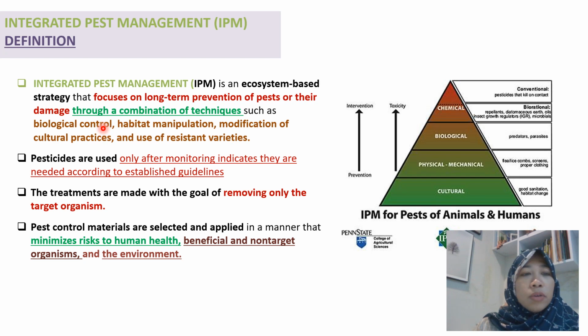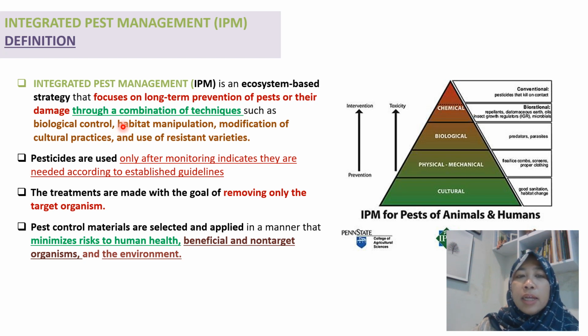For example, we can use biological control, using the owl Tyto alba to control rats. And for the conservation of biological agents such as predators and parasitoids, we can plant flowering plants such as sunflower, plants that have colorful flowers, which will attract the biological agents to come.